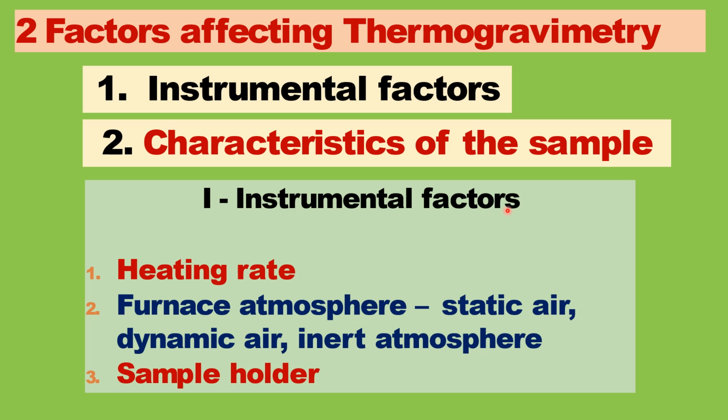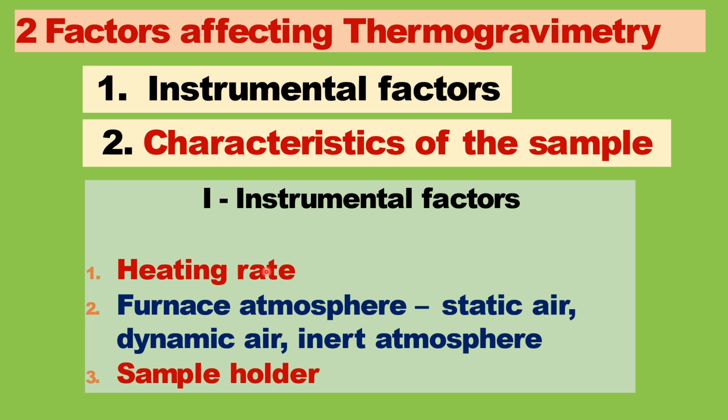For example, the thermogram will be affected by the heating rate. If the heating rate is very high, then some of the processes will not be seen because of the high heating rate. So we need to heat at an optimized heating rate.